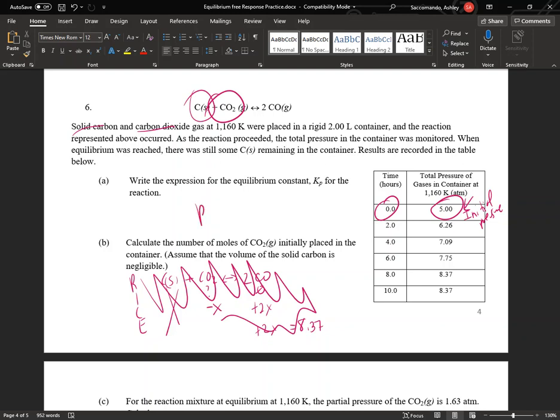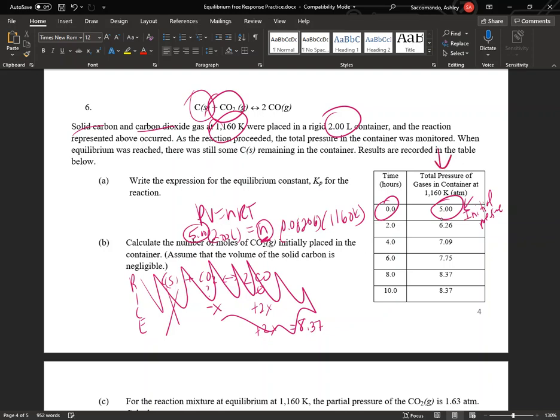So then you use PV equals nRT, because now you have the pressure, you have the volume, which is 2 liters, and you're looking for the moles n, and R is 0.08206, and the temperature is 1,000. Wow, that's a pretty high temperature. But now you can calculate n. So yeah, I knew there was a trick to this one.